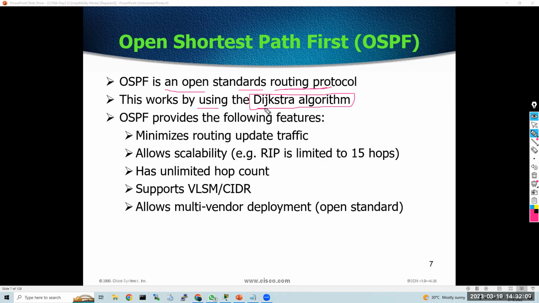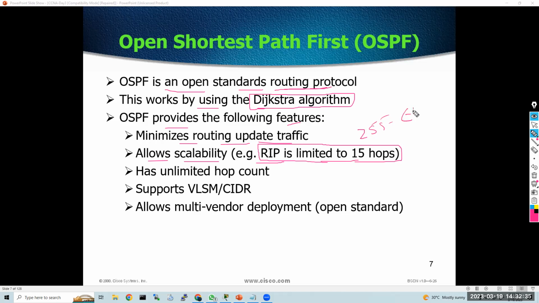This is the guy who introduced OSPF. OSPF provides the following features: minimize the routing update traffic, allow scalability. Because EIGRP is limited to 15 hops, right? Whereas EIGRP is going to work how many? 255.